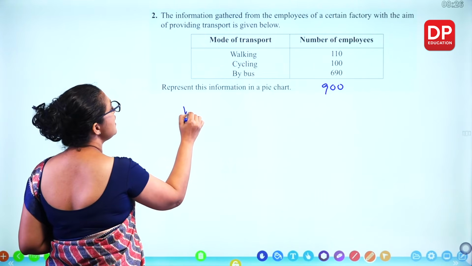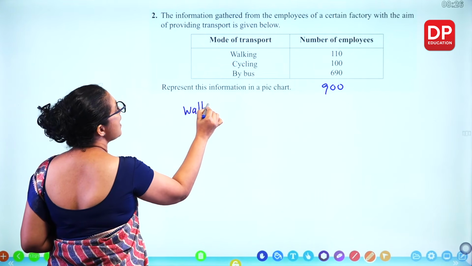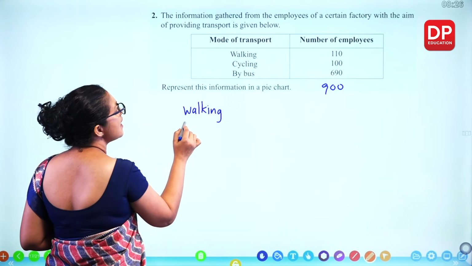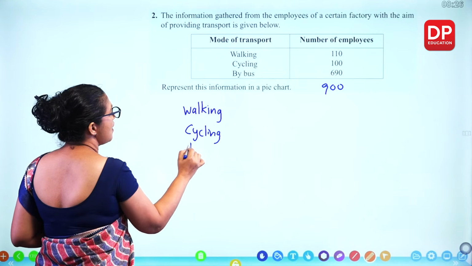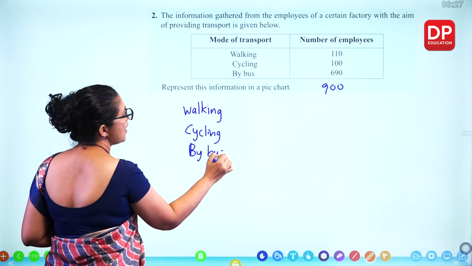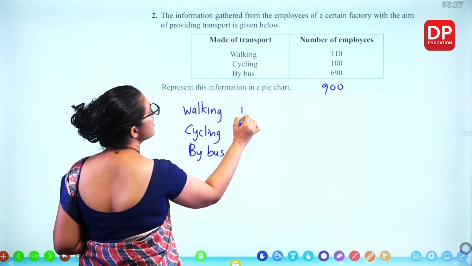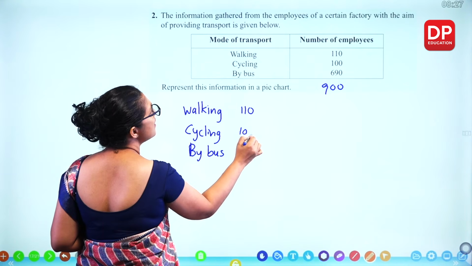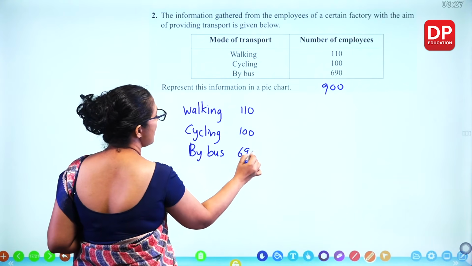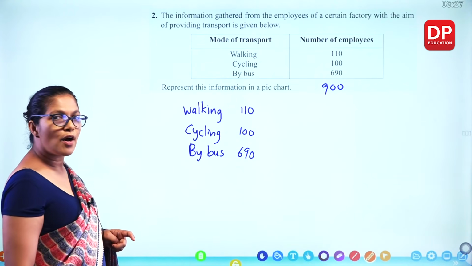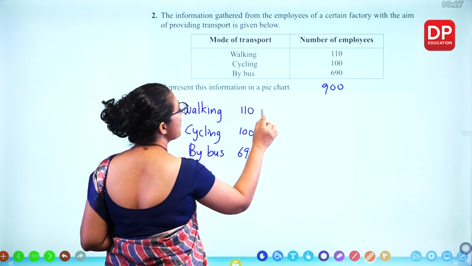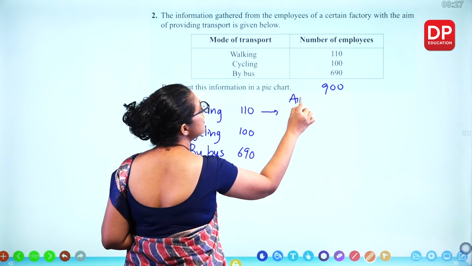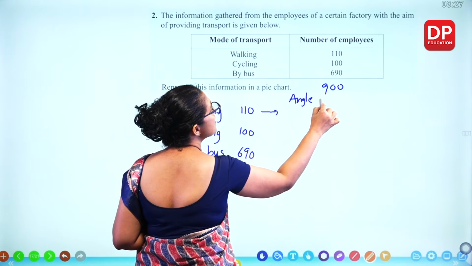Then we need to find out the angle at the center. Cycling, by bus. So here 110, 100, 690. So how can we find out the angle? We can divide by. So angle at the center.